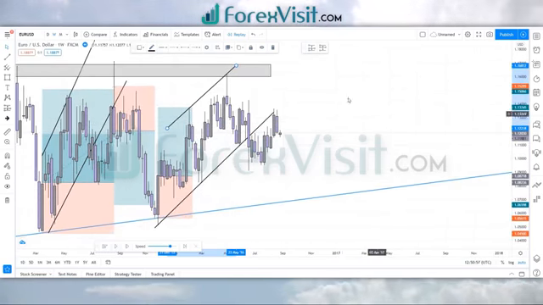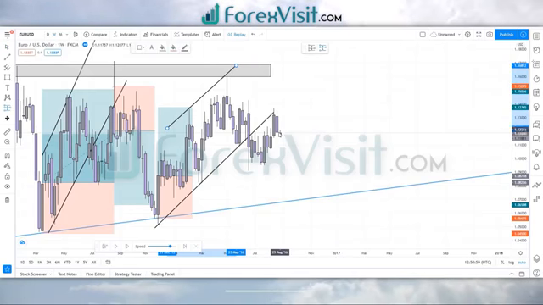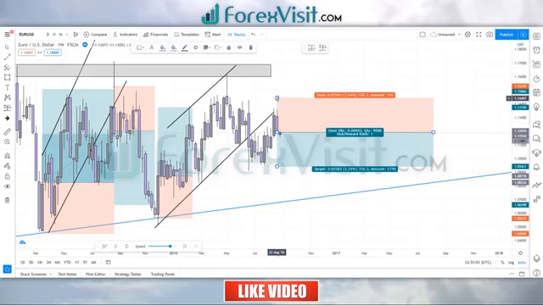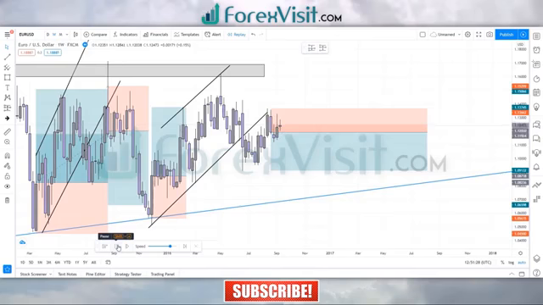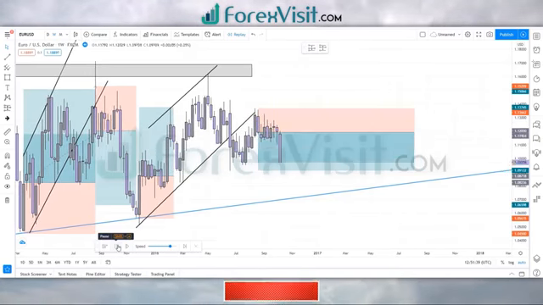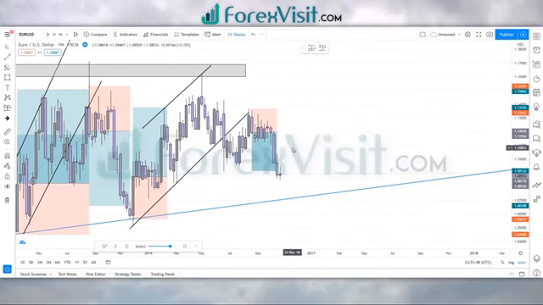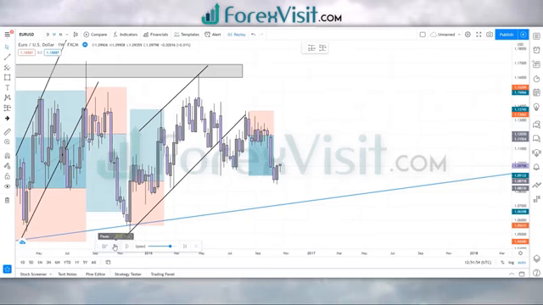As you will see, the candle retested the trendline and a dark cloud cover candle formed. So here we place a sell trade. We won this trade too.